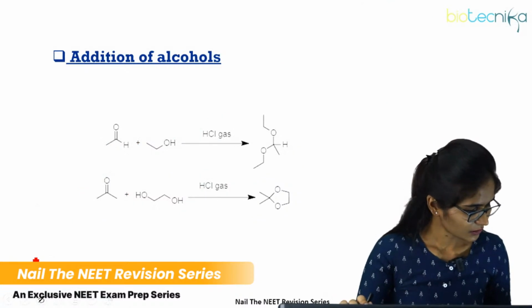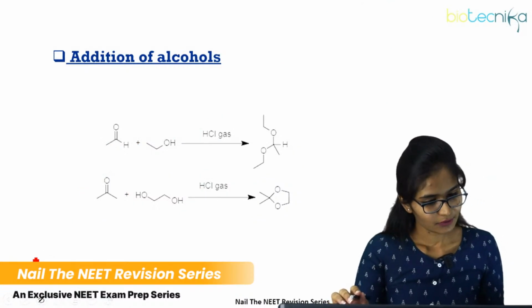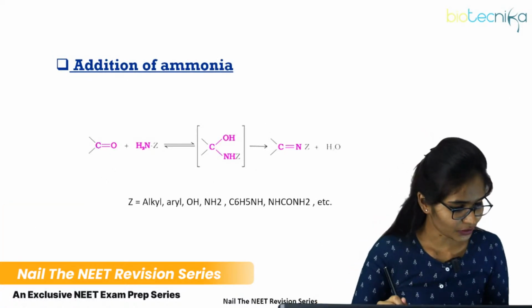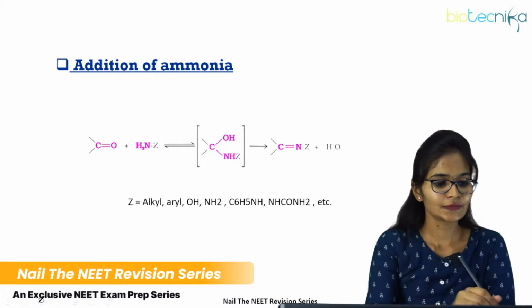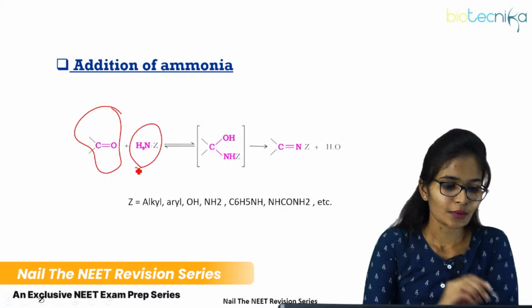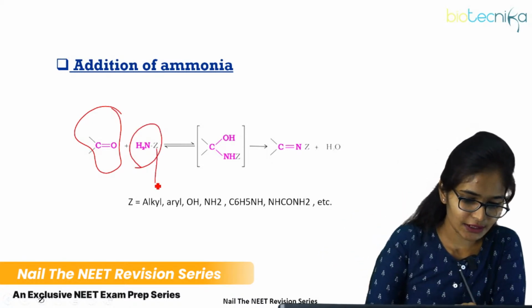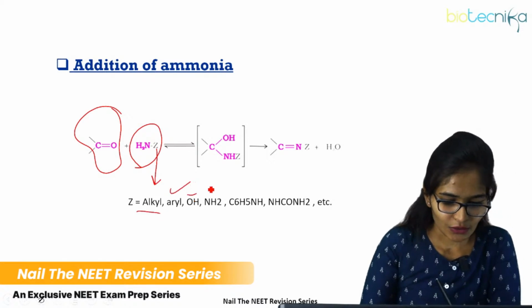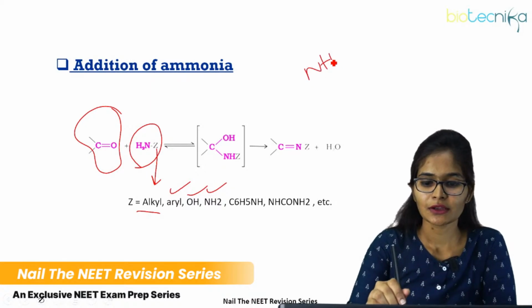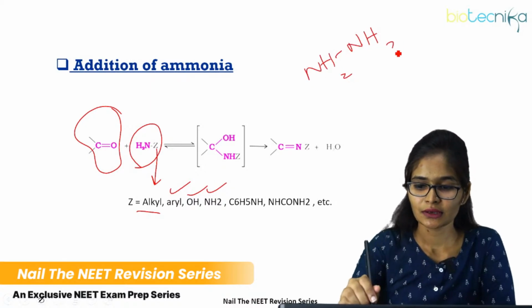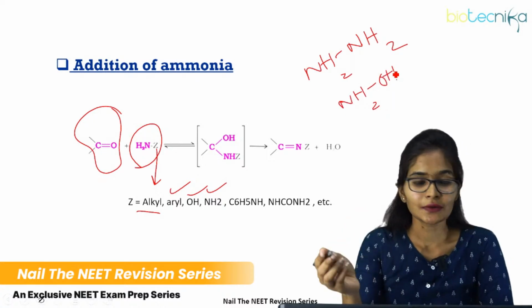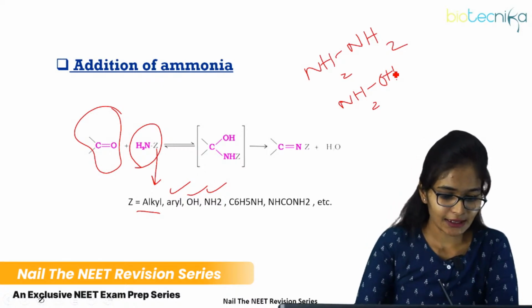Okay, students. Next nucleophilic addition method is addition of ammonia. The same carbonyl group, either aldehyde or ketone, is treated with an ammonia derivative, NH2Z, where Z is alkyl, aryl, OH or NH2.